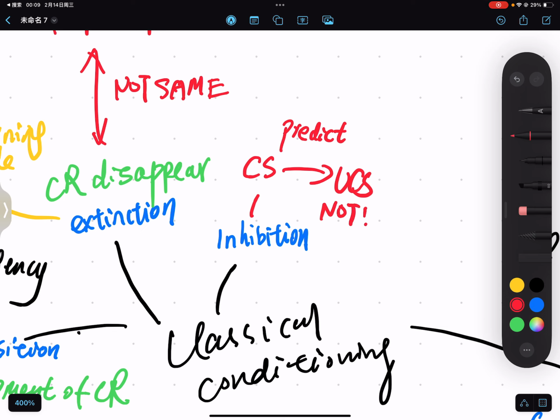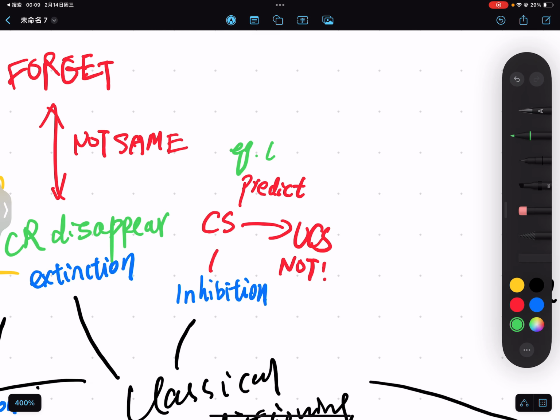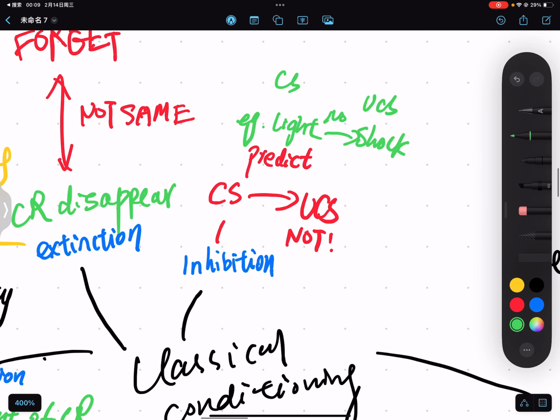So for example, I give you the light and give you the shock, and sometimes the light will not be followed by the shock, then you will not be afraid. So this is the best way to predict. So light and no shock. Light is CS and shock is UCS, right?